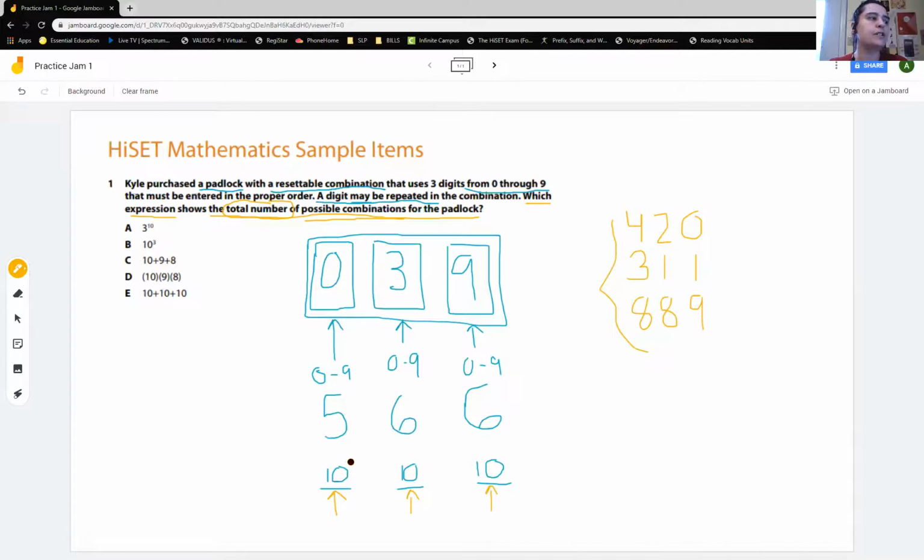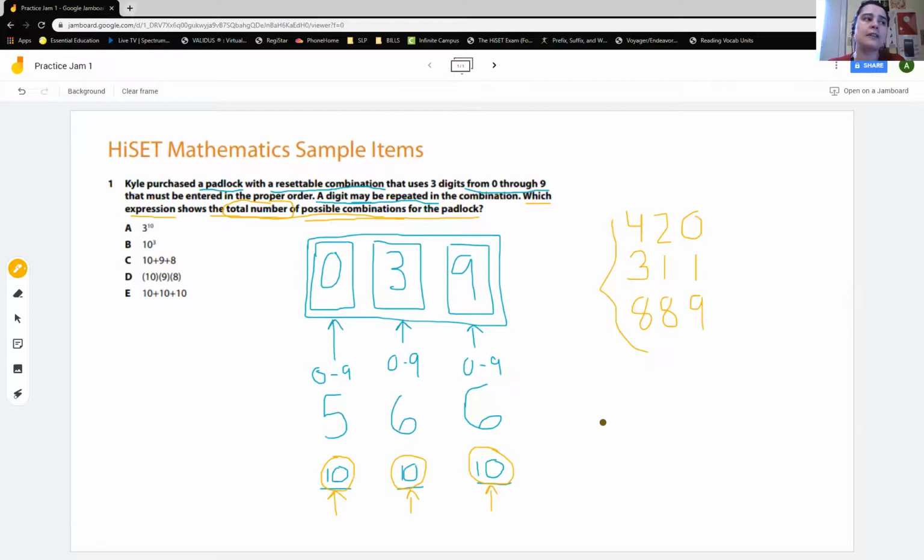And we know that in the first case, there are 10 possible outcomes, 10 possible digits that could be put into that position. The second position also has 10 possible outcomes, and the third position also has 10 possible outcomes. So if you were trying to list every possible outcome methodically, for each of these digits, 0, 1, 2, 3, 4, 5, 6, 7, 8, and 9, you would need to use every one of these possible combinations and also every one of these.